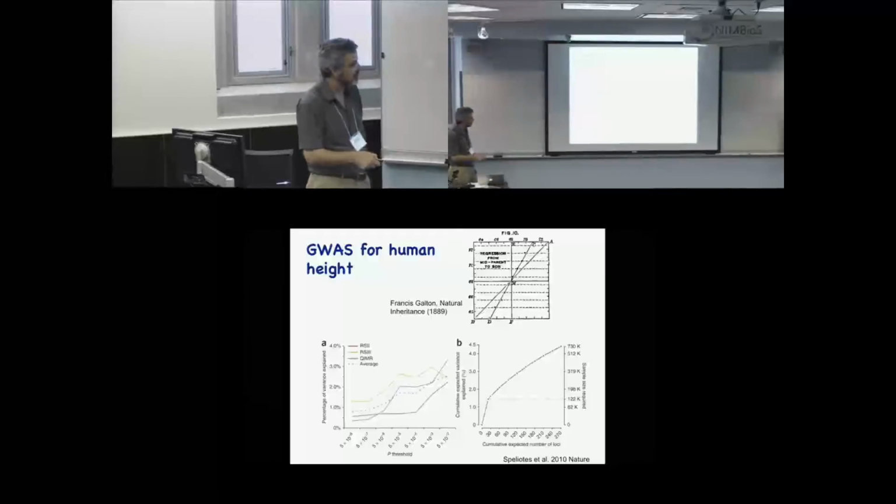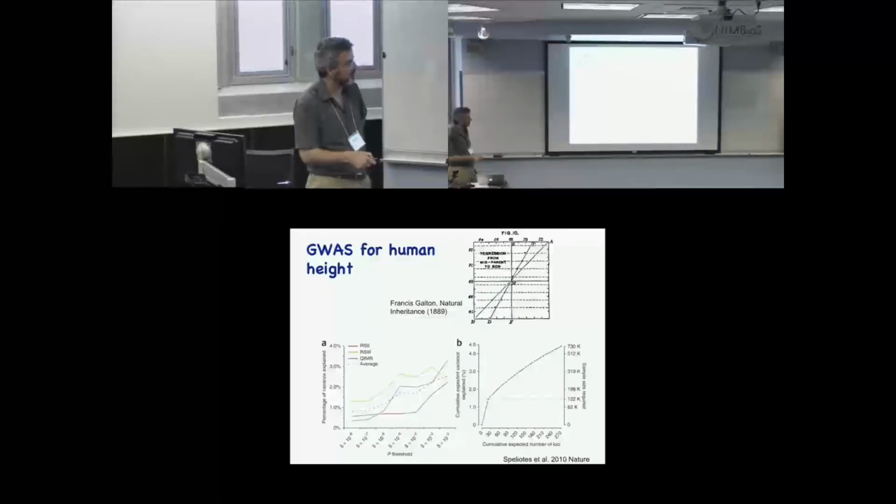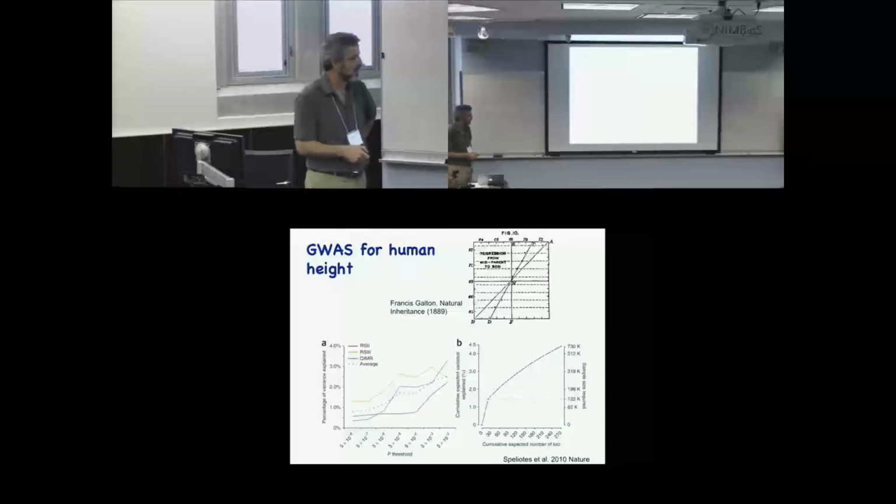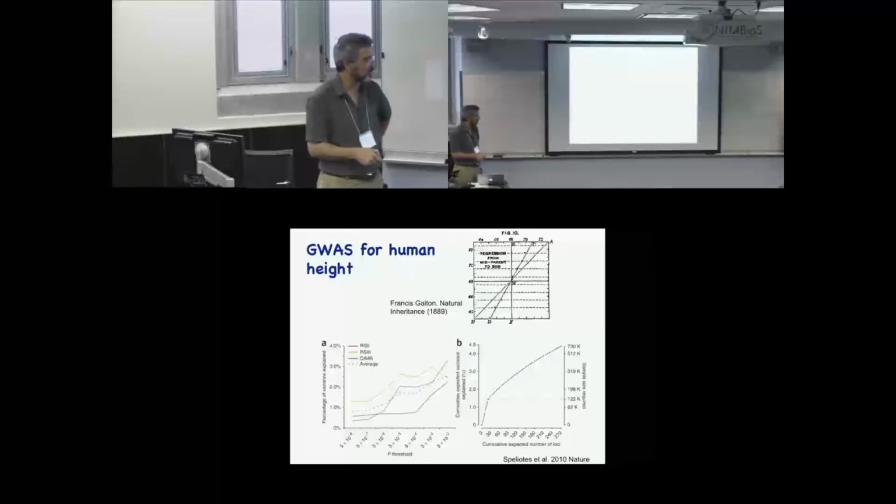Let's just concentrate on this one. This is a prediction which is holding true right now. Based on their initial study of how many genes they could detect that were influencing height, they're estimating how many individuals they would need to study. And this is the cumulative variance explained.